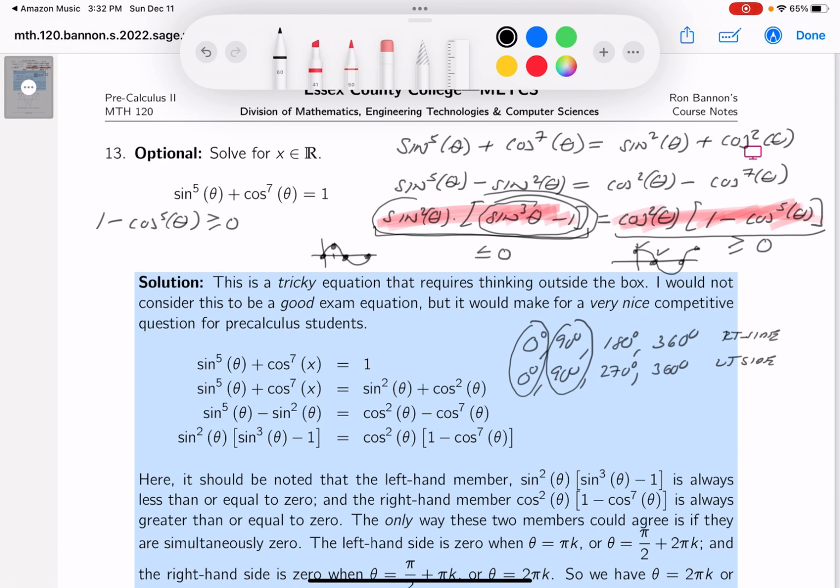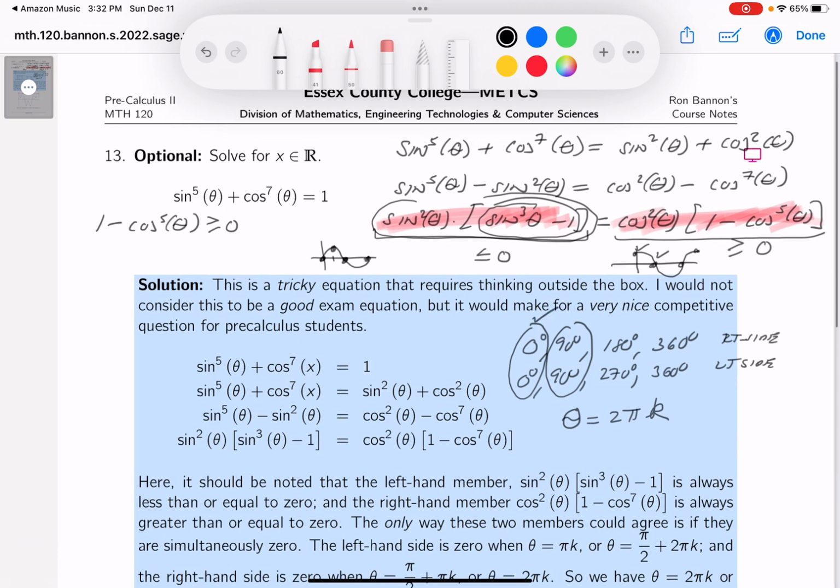So let's write down all solutions. I'm going to write down theta equals 2 pi k. That accounts for this. And theta equals pi over 2 plus 2 pi k.